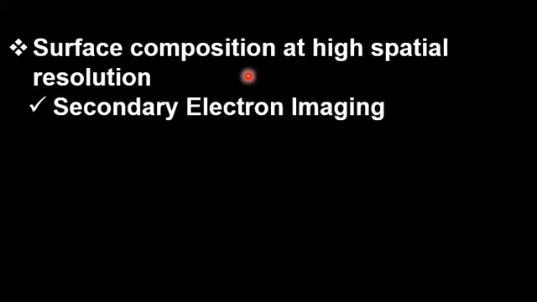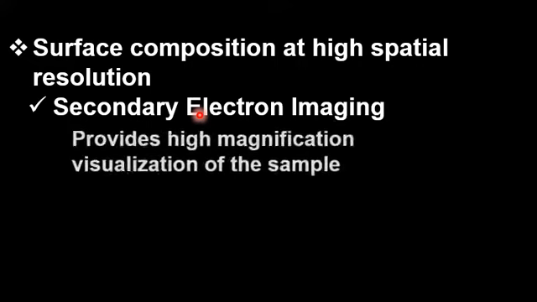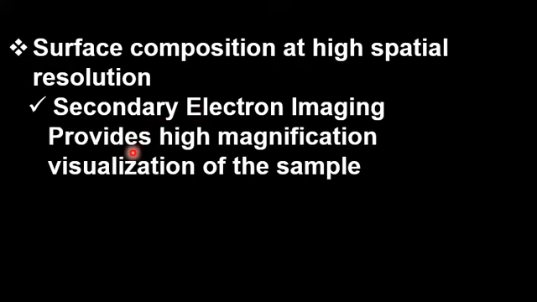Auger electron spectroscopy gives us the composition of the surface with very high resolution. Auger electron spectroscopy can also give us the secondary electron imaging. Auger electron spectroscopy provides a high magnification and visualization of the sample.